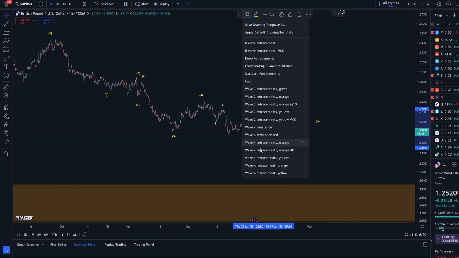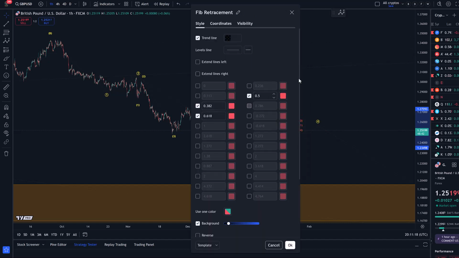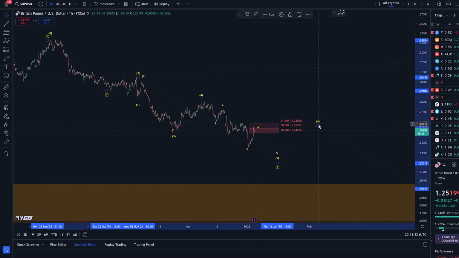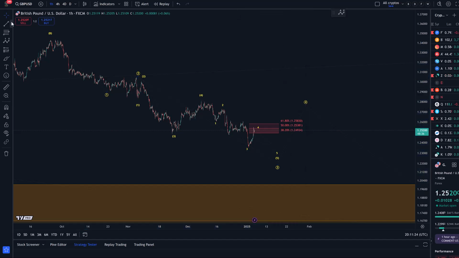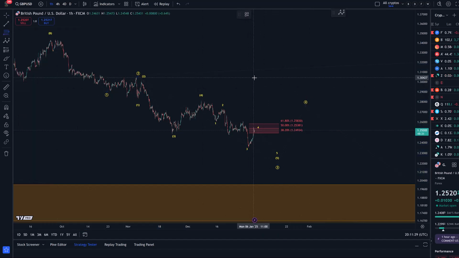Probably with a break above the 61.8 retracement. So any break above 1.258. That would then suggest we're already in circle 4. And that allows me to define resistance for circle 4, which is slightly higher in that case.